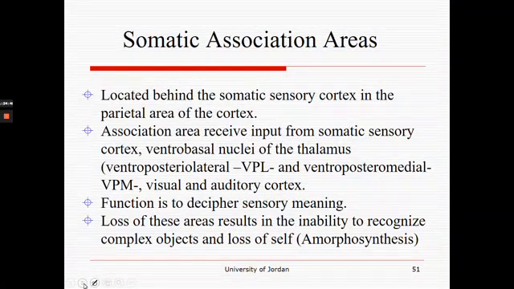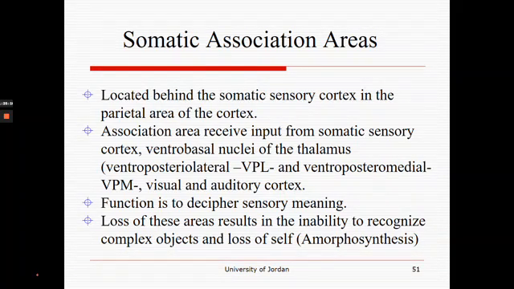Somatic association area. Behind each primary area, say behind the lateral lobe, there are the secondary or association somatic areas. The somatic association area has a higher level of interpretation.